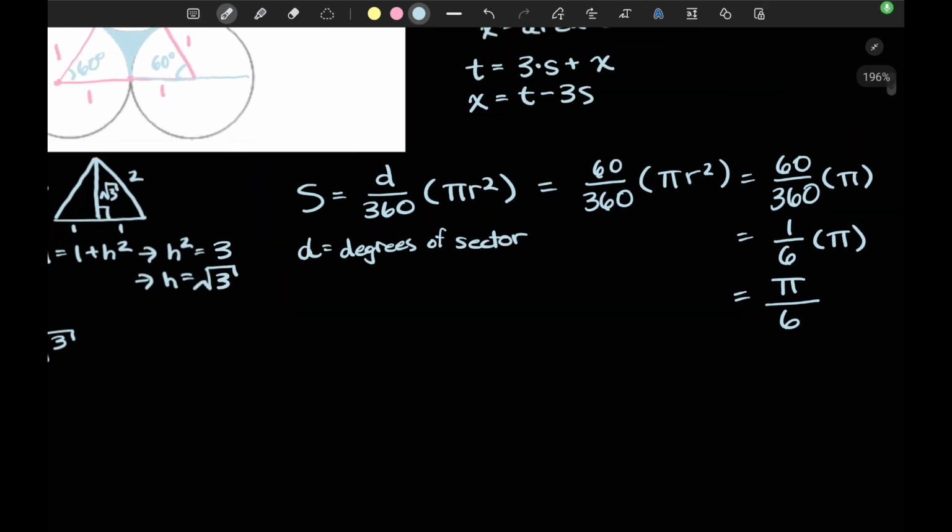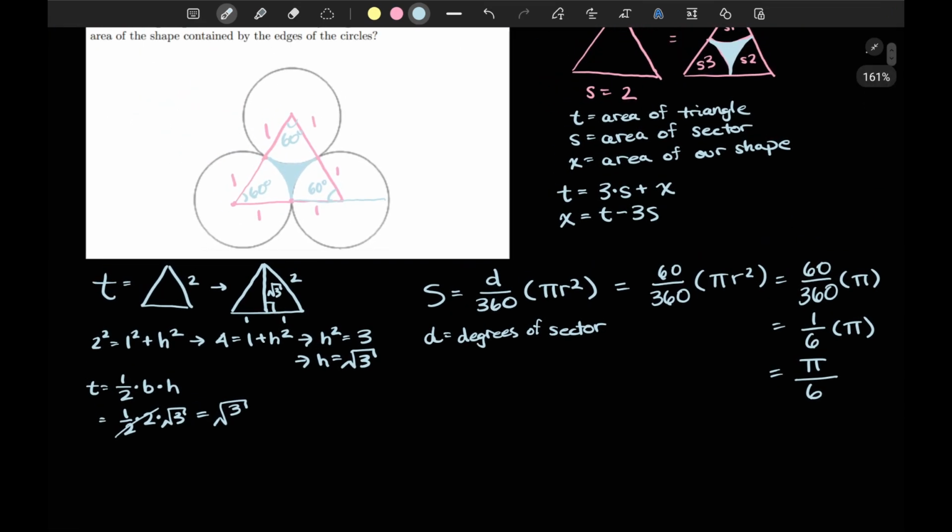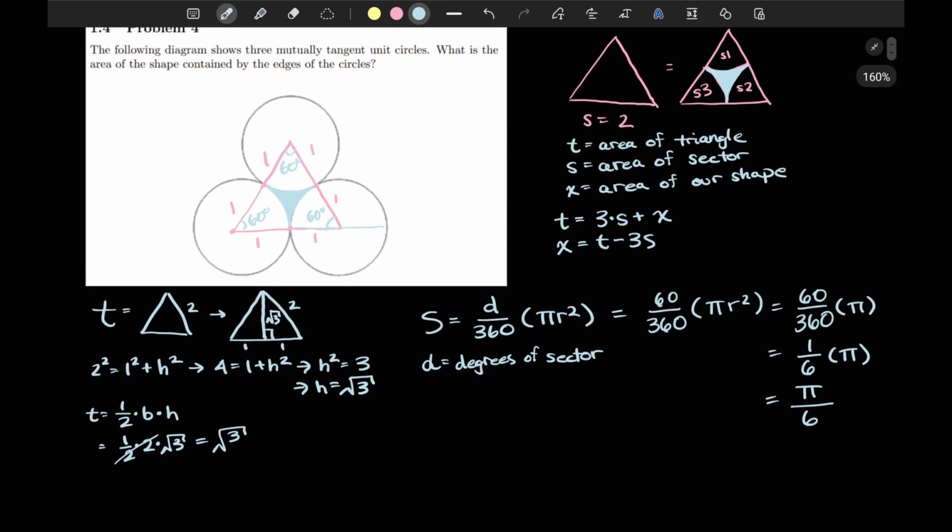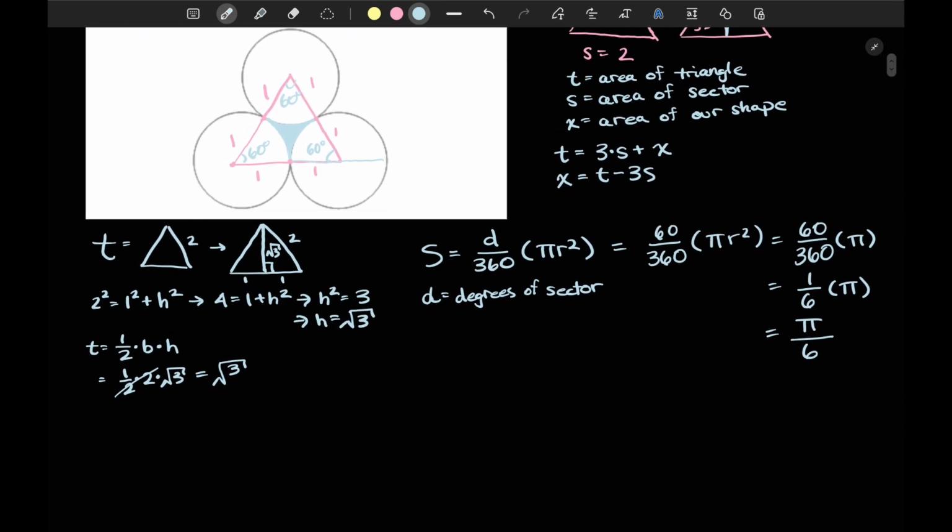Now the final step is just going to be to put it all together. So we know that our shape that we're looking for, the value of X, is equal to T minus 3 times the area of a sector.